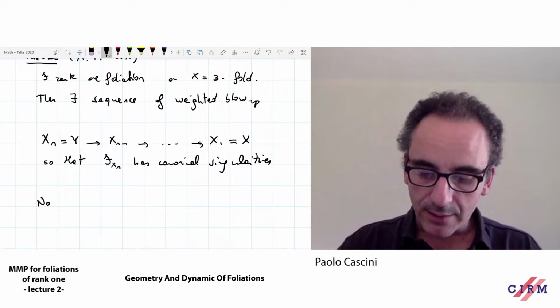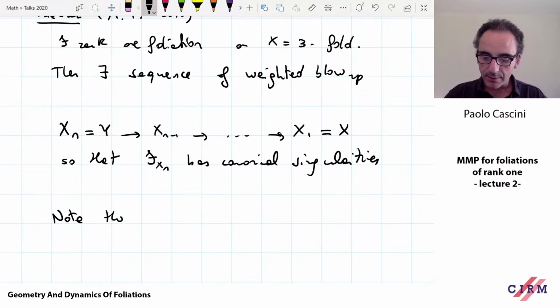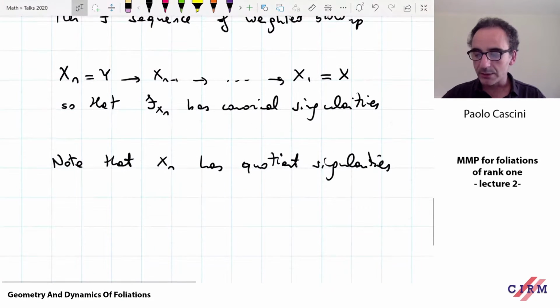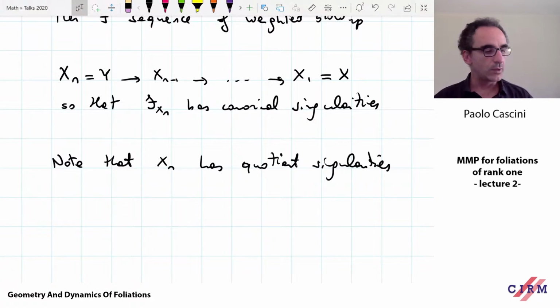So let me just say, as a remark, note that Xn always has quotient singularities. And thanks to the theorem of McQuillan and Panazzolo, we can even be more precise.